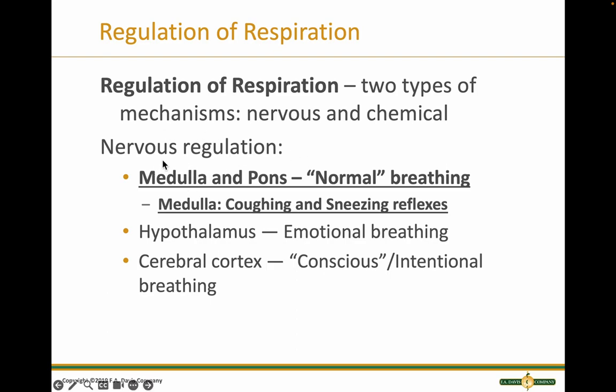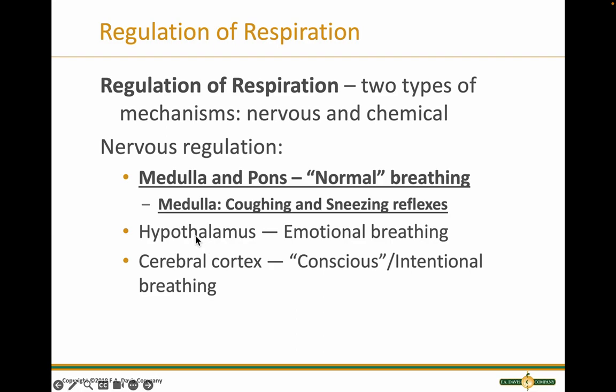But the nervous respiration, remember that the medulla and the pons are important in normal breathing. So your typical breathing cycle of inhaling and exhaling is regulated by your medulla and your pons, and when you cough or you sneeze, your medulla is what regulates those reflexes.